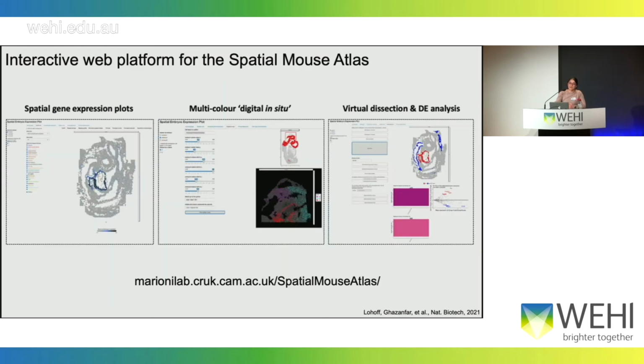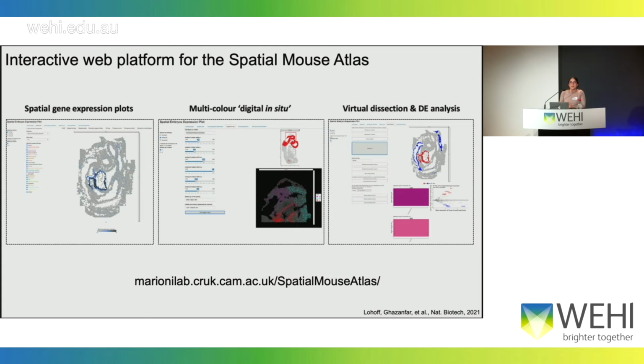Now, another thing is that we looked at the section of the entire embryo, and what was important was to ensure that this data can be investigated, hopefully interactively. So I developed a web platform to have a look at the spatial mouse atlas. Of course, this has visualization.